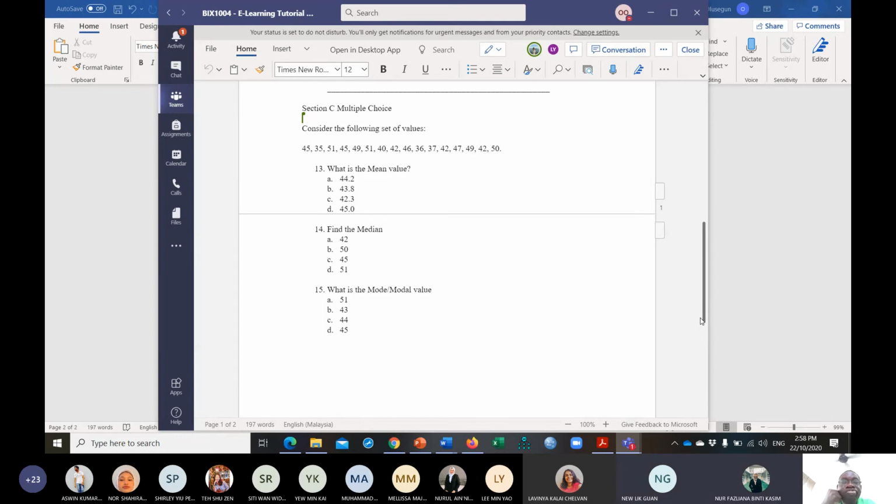So 42 appears 3 times, and that is why it's the modal value. 45 happens to be in the center, and that is why it is the median value. And the mean value is 44.2. Good. We have made an attempt.